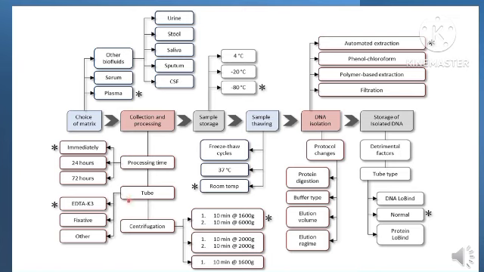Then the choice of tube in which you have to collect sample. EDTA vacutainer is best because fixative containing tube is ideal, but it is costly. So you can proceed with EDTA vacutainer. Then centrifugation protocols.